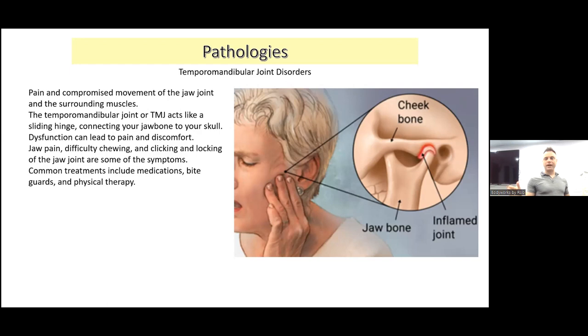There is a wide range of possible causes and problems, which essentially just lead to pain and discomfort with moving the jaw. A lot of times, though, they can be related to muscles, right?